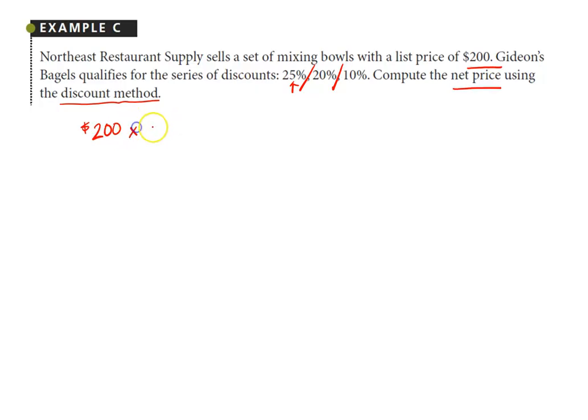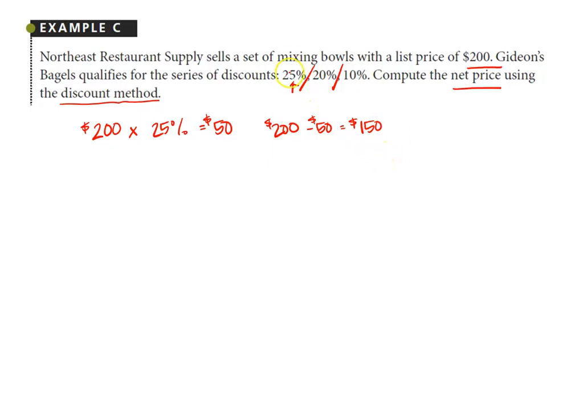So I'm going to take 25% off of our $200. This gives me a discount amount of $50. And to find the new net price, I'm going to take that $200 and subtract the discount amount. This gives me a new net price of $150.